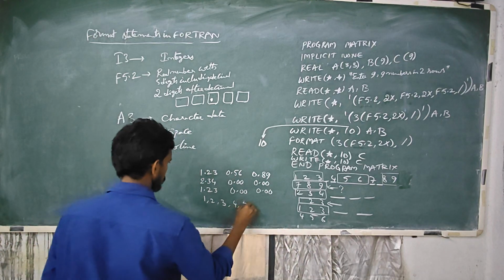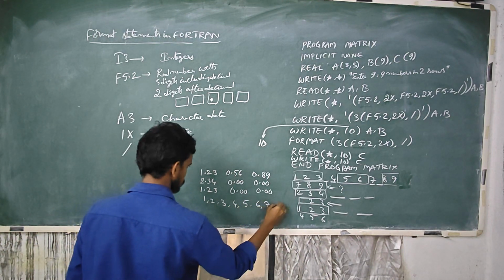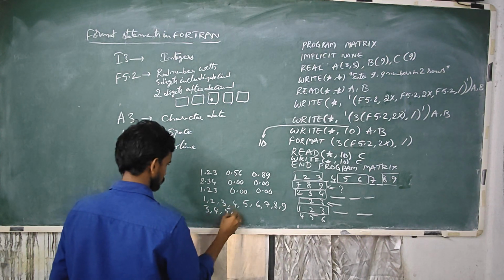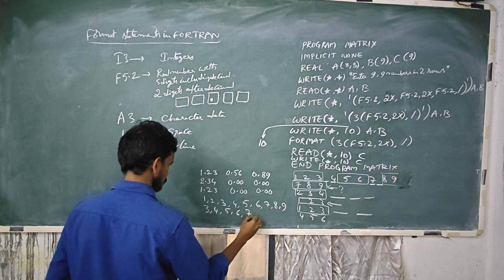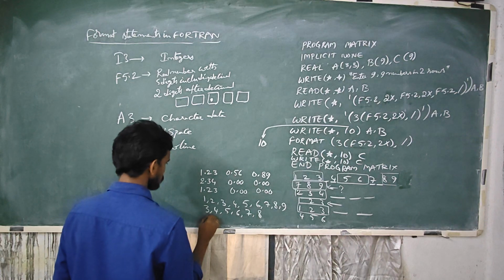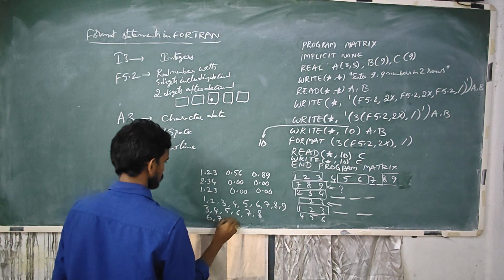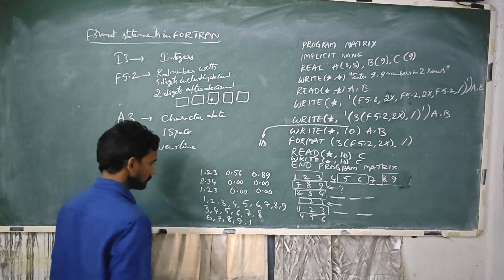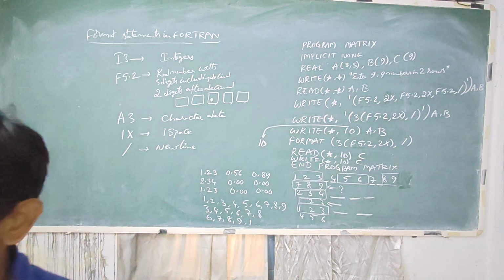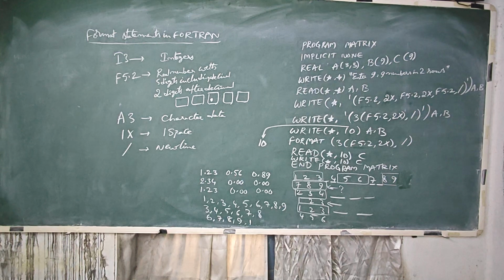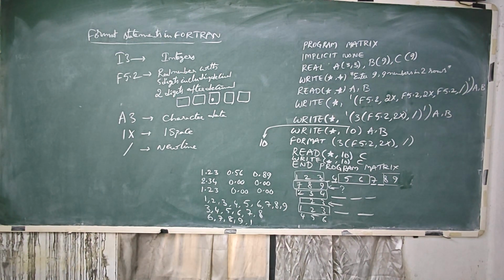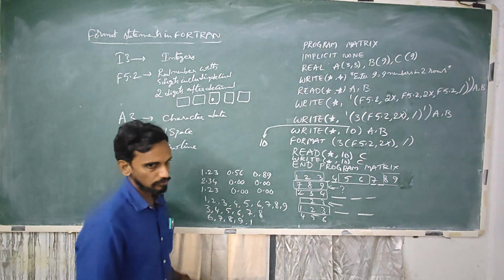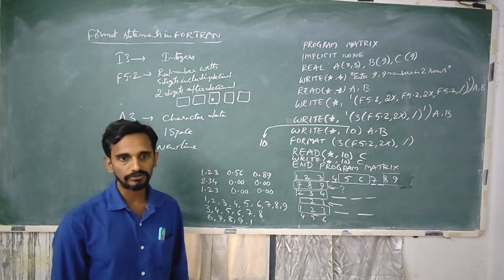One, two, three, four, 5. So here comma is also considered as a number which is unknown to it, so it gives an error.